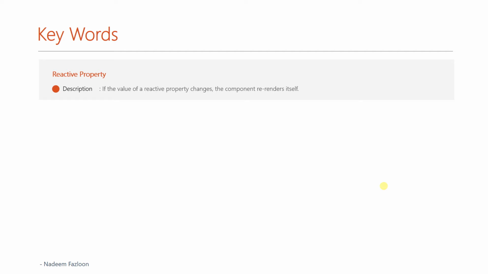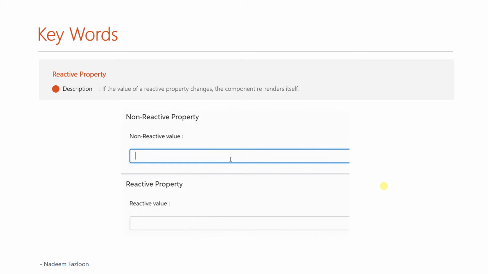We can observe this change in this example. On the top portion, I have a non-reactive property, and in the bottom portion, I have a reactive property section. The non-reactive property section will have the output above and a lightning input, and the reactive property section will have an output and similarly a lightning input below.